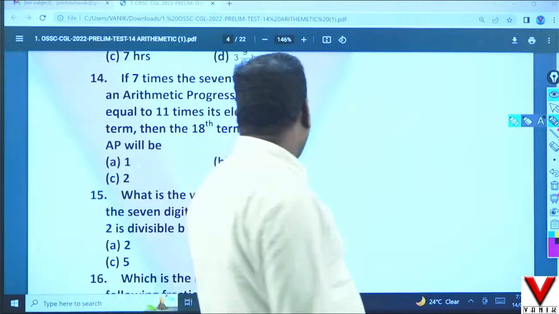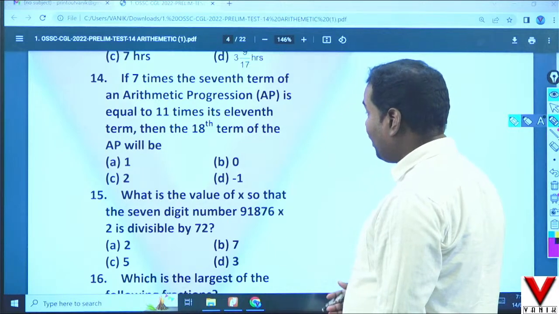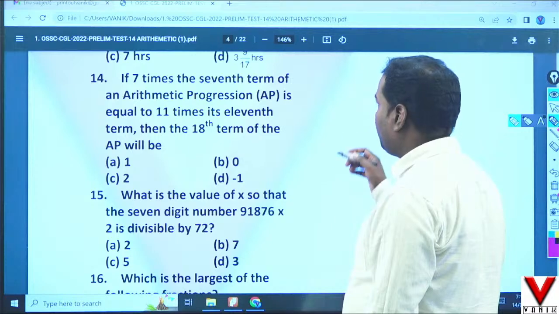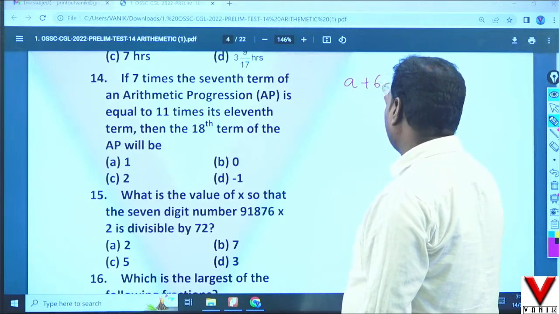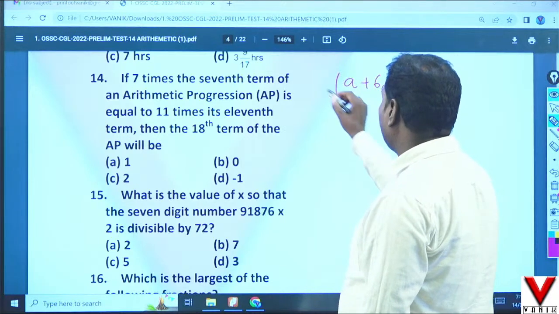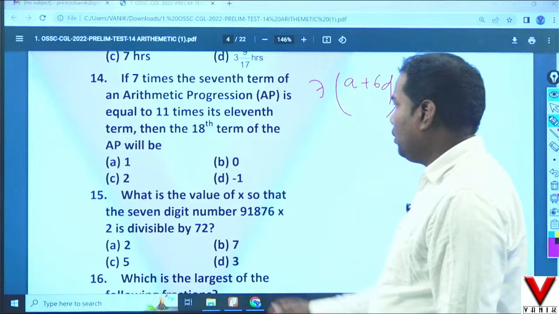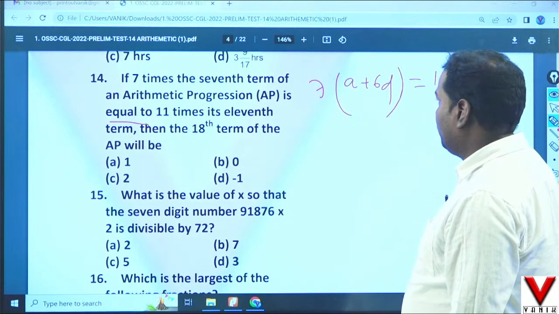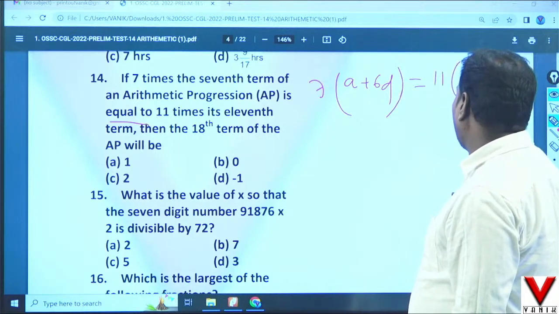See here, 7 times the 7th term of an arithmetic progression. 7th term means A plus 6D. 7 times that is equal to 11 times its 11th term, A plus 10D.